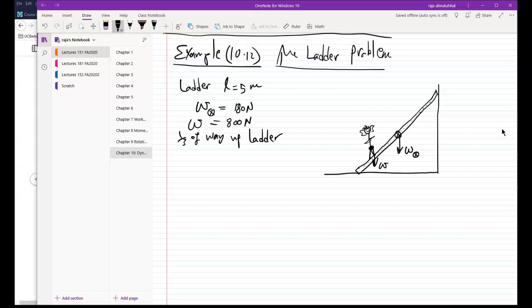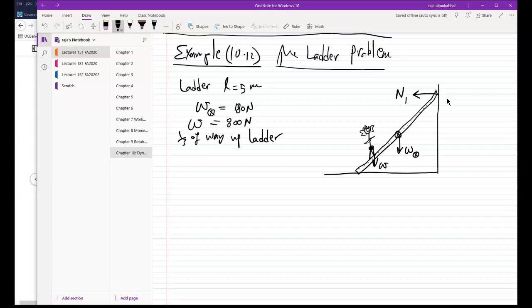You see what I'm saying? And then what other forces? Well, since the ladder is pressing against the wall here, there should be a normal force going like that. Okay? Make sense? And that force, I'm going to call it N sub 1. I don't know what your book calls it. Yeah, he calls it N sub 1 actually.